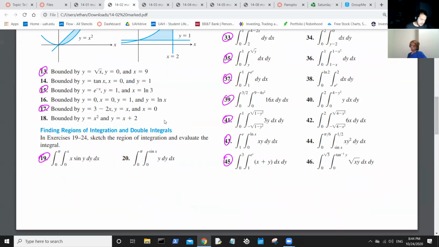Cool. So this one's a little interesting, but not super different. Horizontal cross sections, if you're starting and looking horizontally, your lower bound will be the root x function. But should we reevaluate that, or should we leave it as root x?